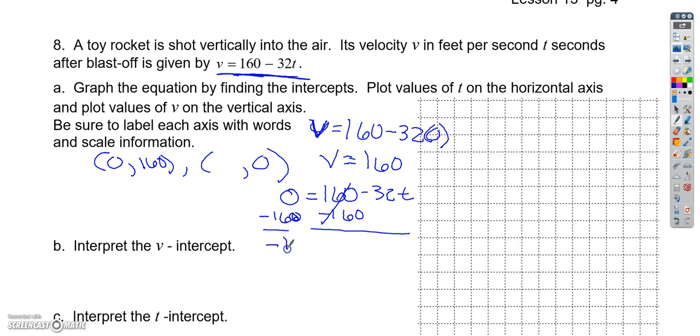And we get negative 160 equals negative 32t. Divide by negative 32. So t equals 5.